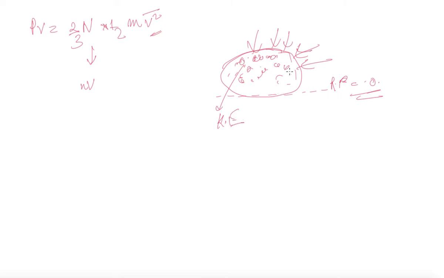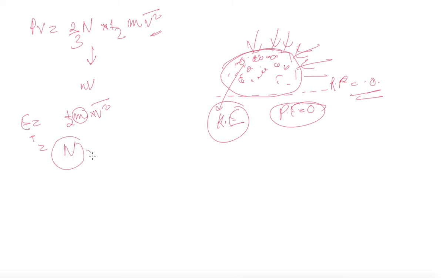Because it is at rest and we have taken the reference point over here, there is no potential energy. All the internal energy is because of kinetic energy. So E equals half m, mass of one molecule, into v square. But the total number of molecules present is N. So the total kinetic energy is N, total number of molecules, into energy of one molecule, half mv square. This gives you the total internal energy of the system.